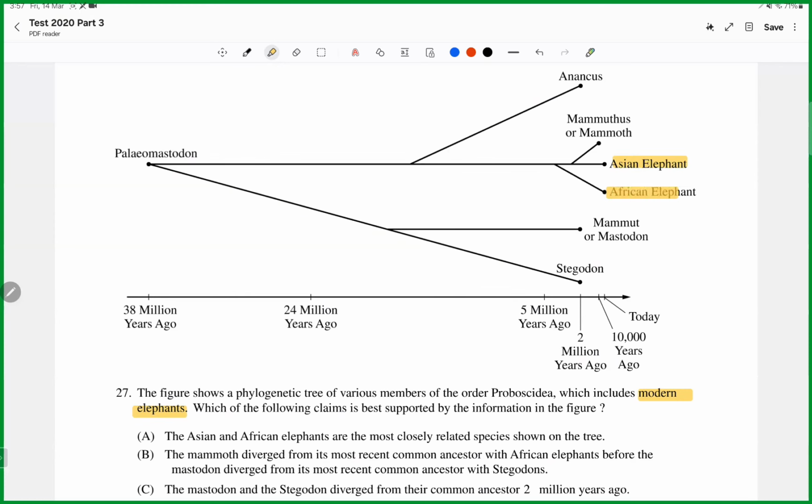Asian and African? No, it's Asian and mammoth. Look. No, there's no clade here because they just came from one thing. Anyways, look. These two are very close to each other because they form like the triangle. That's why it's not A.